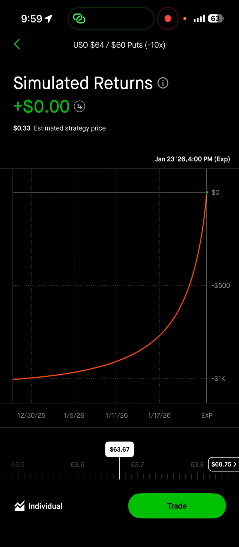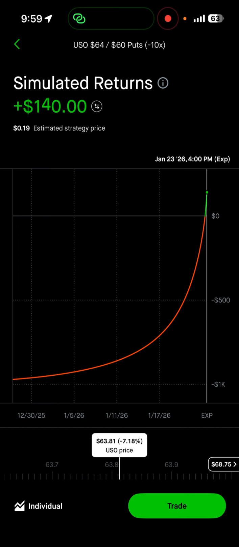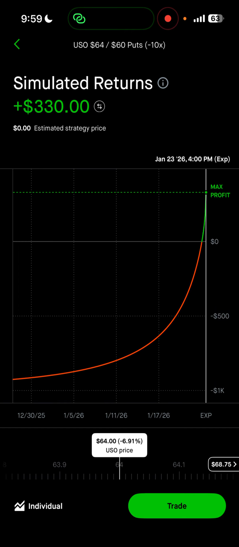As you can see, the simulator returns back to zero. And as we go up to 64, now we're back to max profit. Things change really quickly around the strike price. If you're a little bit less than the strike price, or a little bit more, things change very quickly at the end. So we don't like to get anywhere near that.